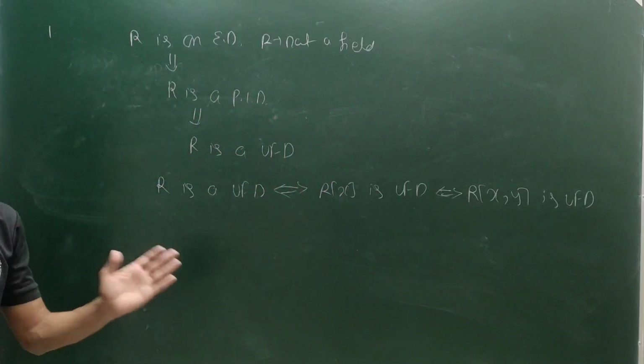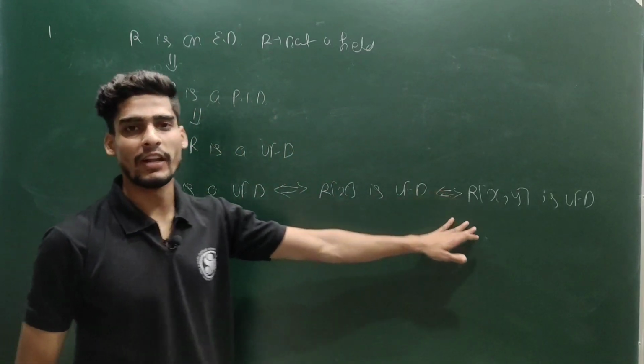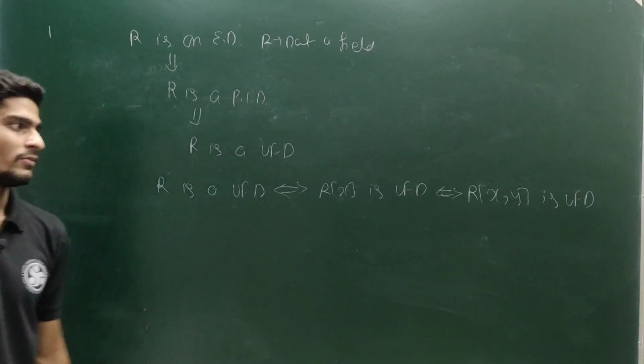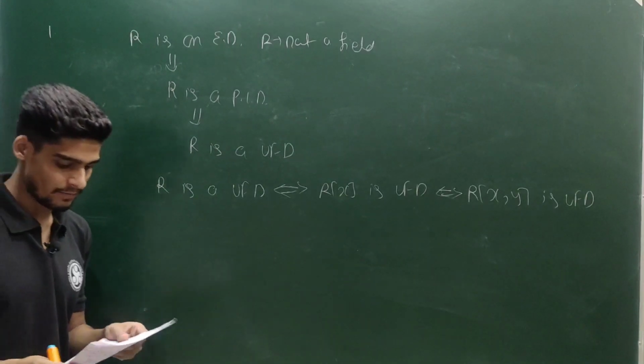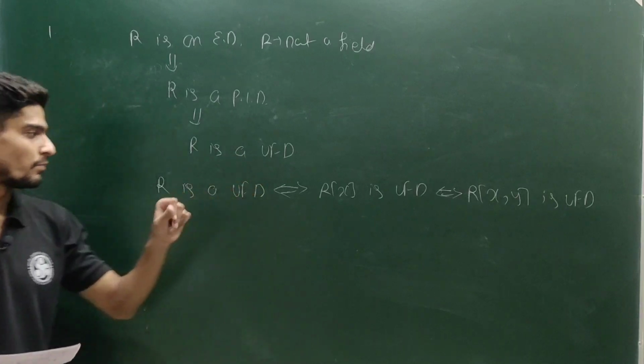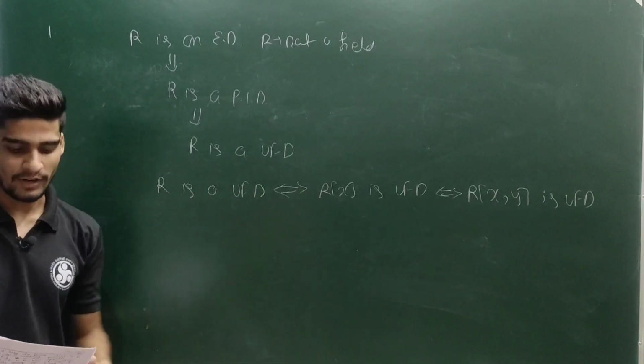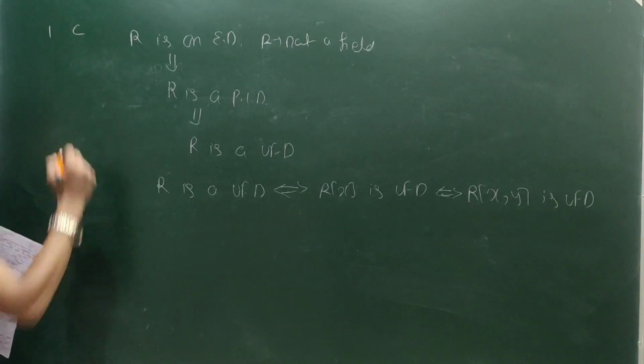So any polynomial ring in n variables is a UFD if and only if R is a UFD. That we have done in our theory lecture. So R[x] is a UFD but not a PID, as we have seen. So option C is correct. And this is a single correct answer.